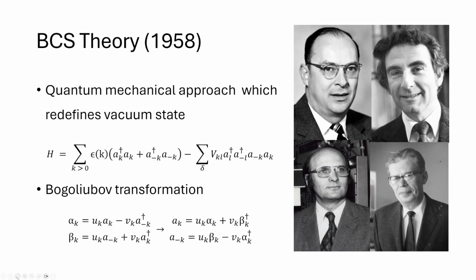Anyway, so how does this work? This part has to do with the energy of non-interacting electrons. A and A dagger are the creation and annihilation operators. K, negative K, L, and negative L are momentums.